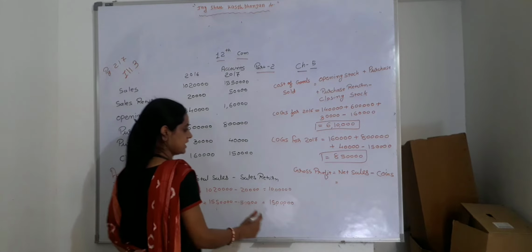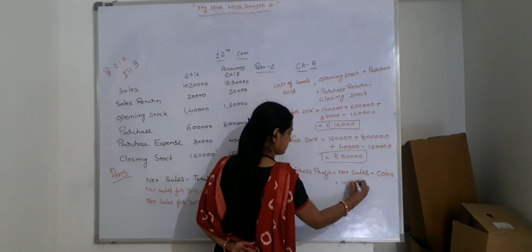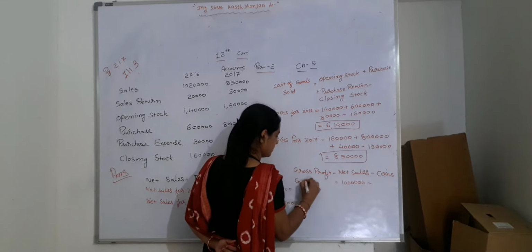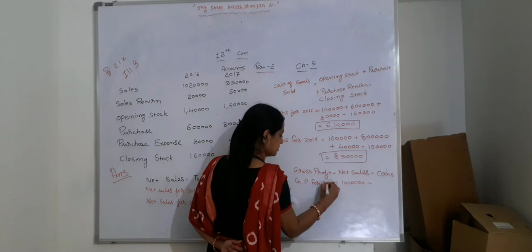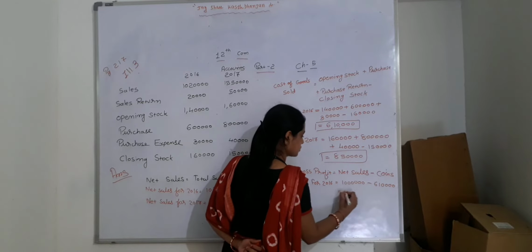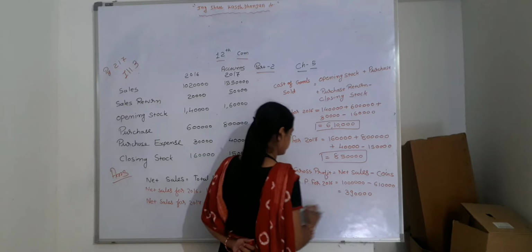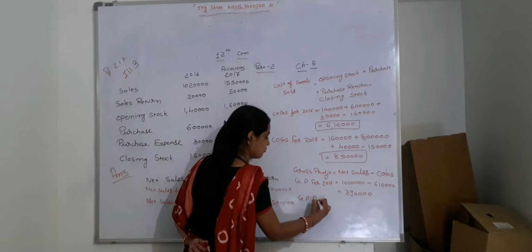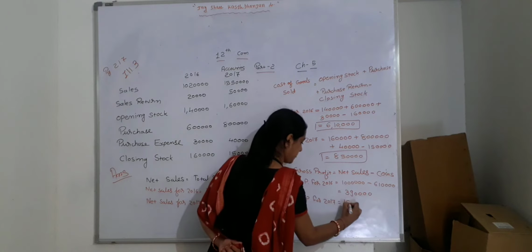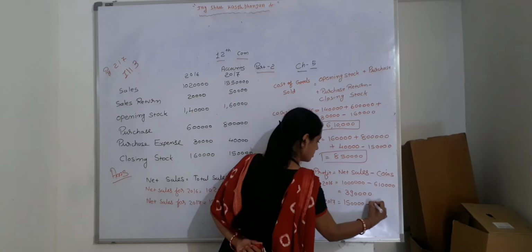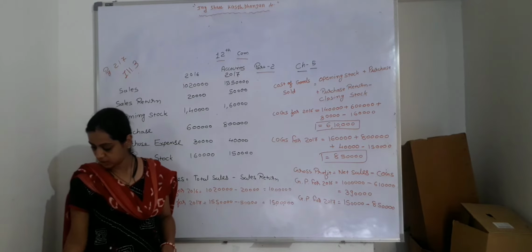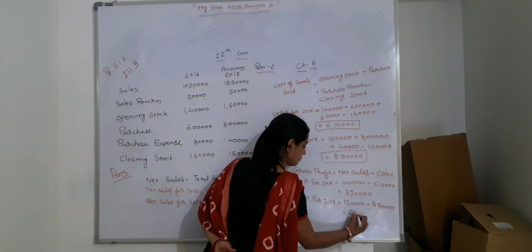Net sales 10 lakh minus COGS 6 lakh 10,000 is equal to 3,90,000, and GP for 2017 is equal to 15 lakh minus 8,50,000. Means our answer is 6,50,000.